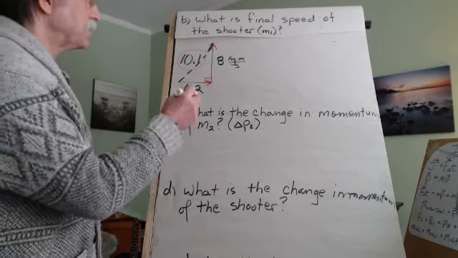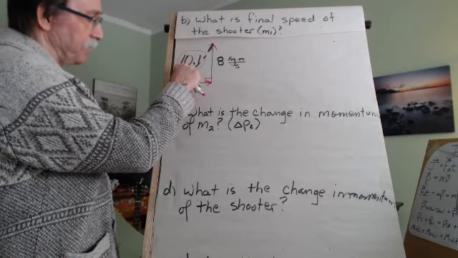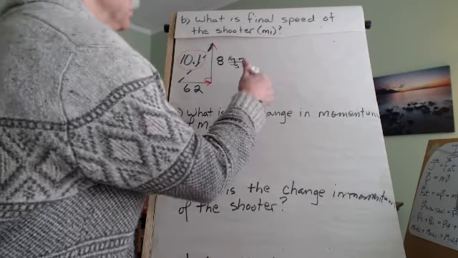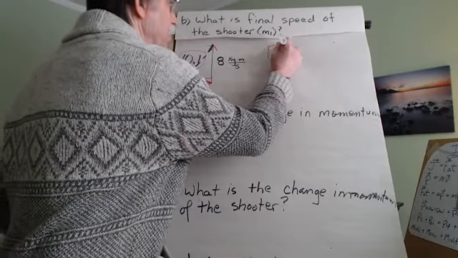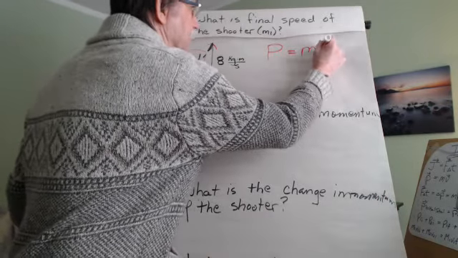Well, since the final momentum of the shooter is 10.1, we've got momentum is equal to mass times velocity.